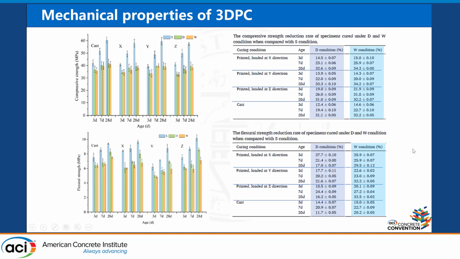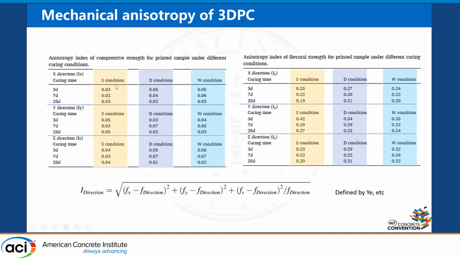And we also calculate the anisotropic index. We all know that because of the layer by layer deposition process, 3D printed concrete is anisotropic. So we use this formula to calculate the anisotropy index of compressive strength and the flexural strength.